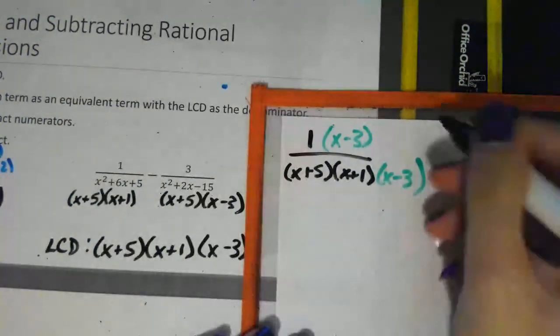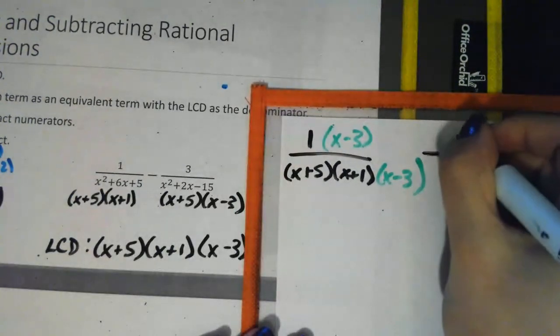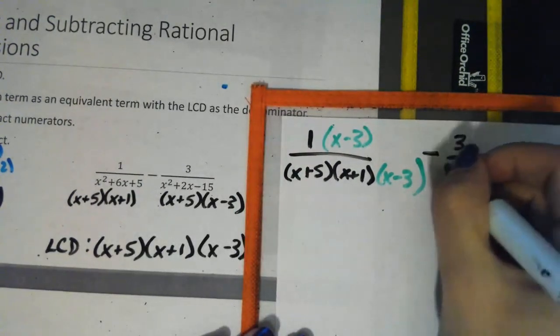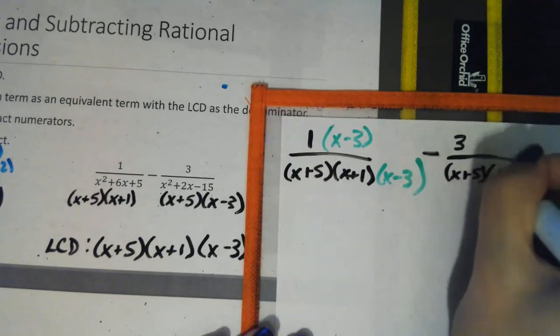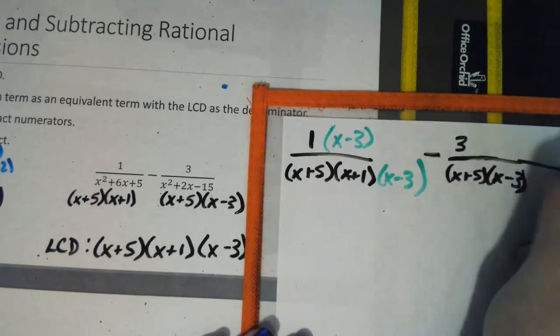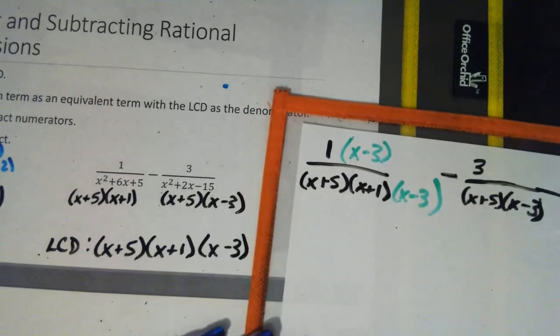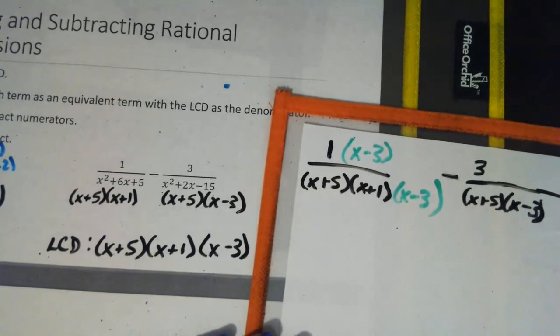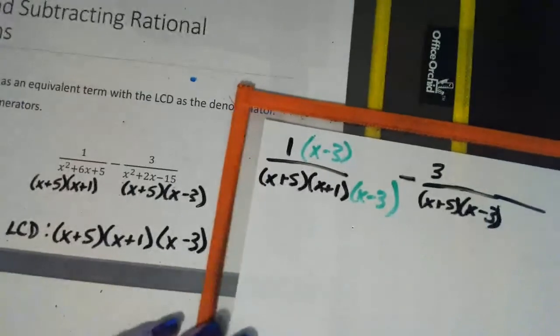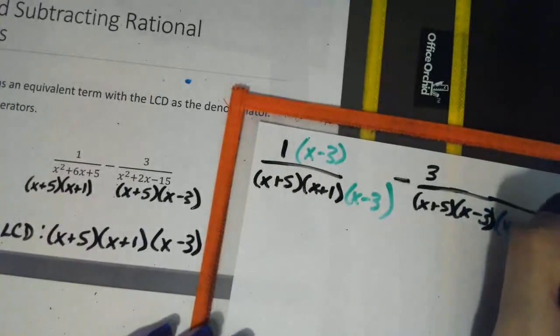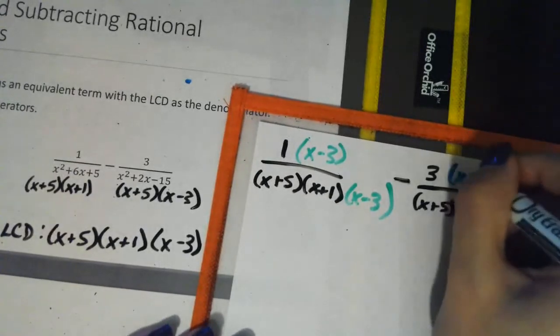In the second fraction, I already have 3 over (x plus 5)(x minus 3). So what I'm missing from that denominator is the x plus 1. So I'm going to multiply by x plus 1 in my numerator and denominator.